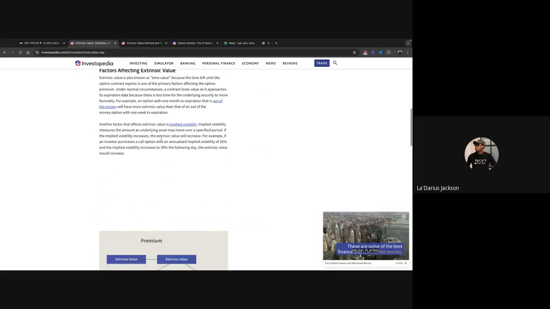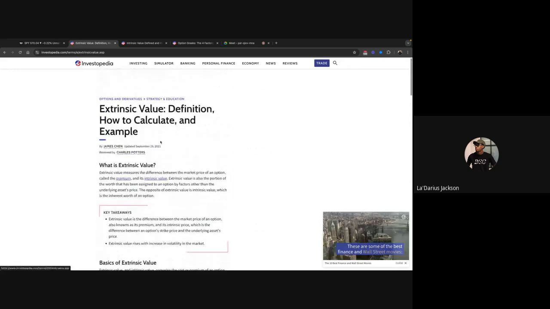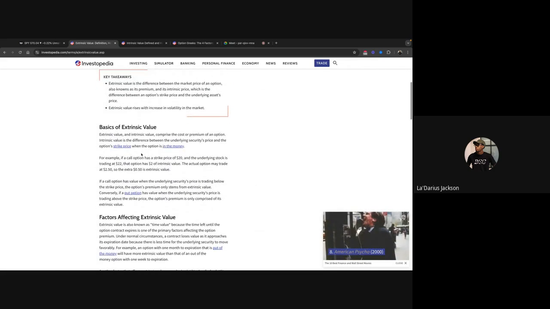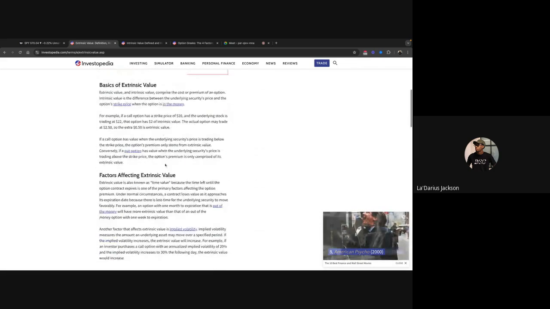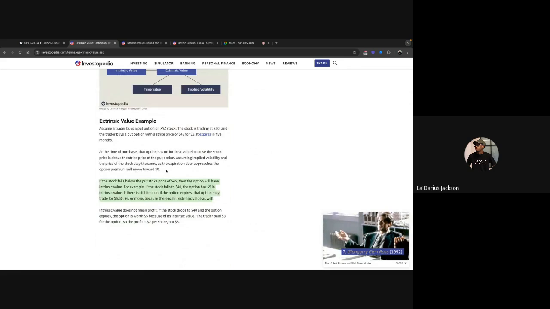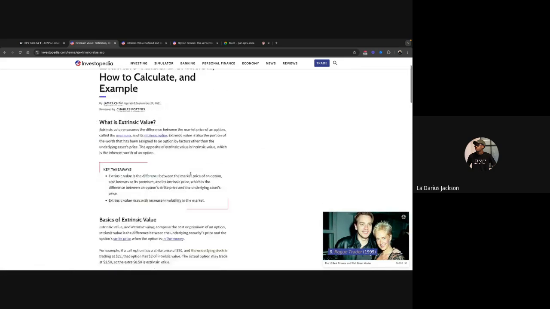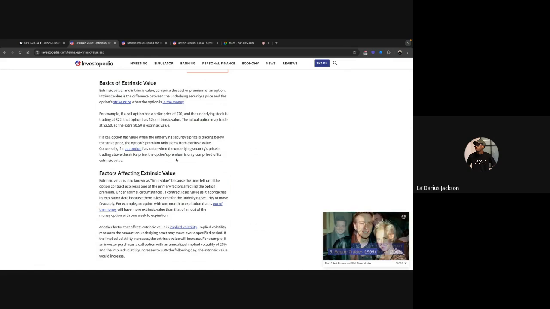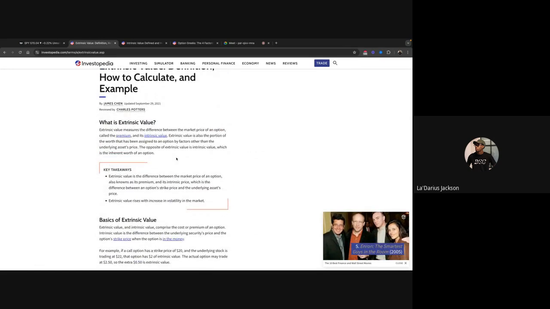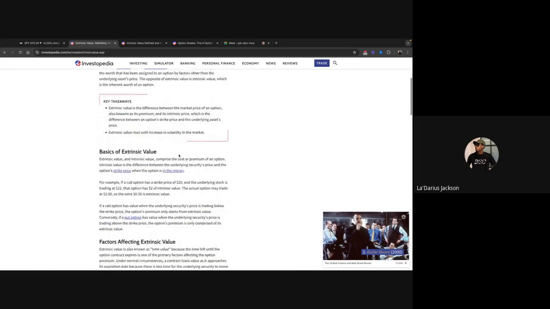Not too much there, but then the examples are really good. So the basic example here for a call, the example here for a put, they're pretty good at explaining it. Pretty straightforward. And if you want to calculate it, I don't know why anyone would want to sit and calculate this when you can just look it up on your app. But if you're into numbers, it's here.